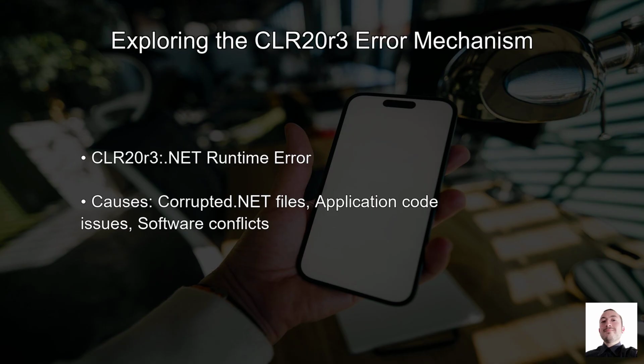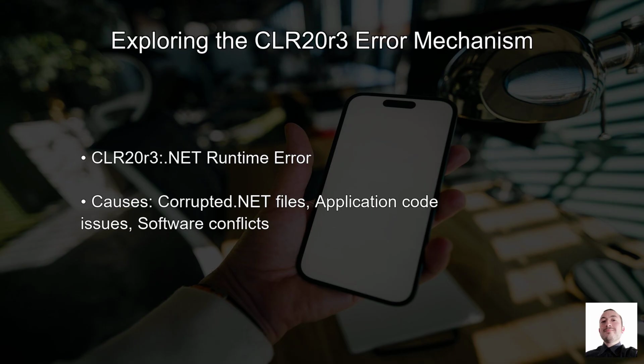The CLR20r3 error is a runtime error that occurs in Microsoft .NET applications. It typically signifies that the application has encountered an issue within the Common Language Runtime (CLR) environment, which is the execution engine for .NET applications.